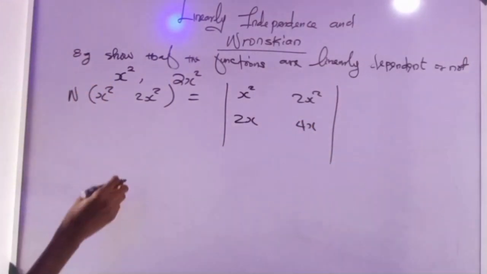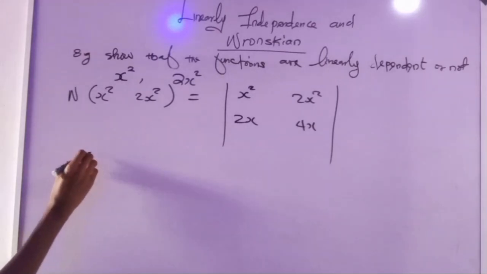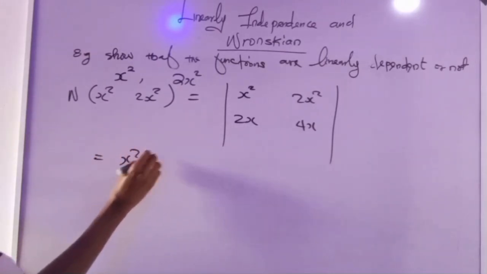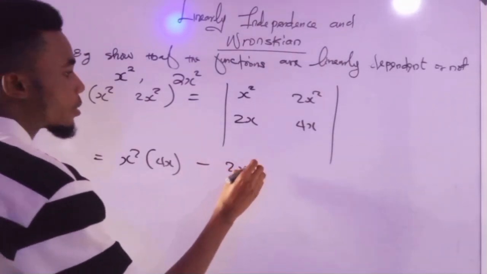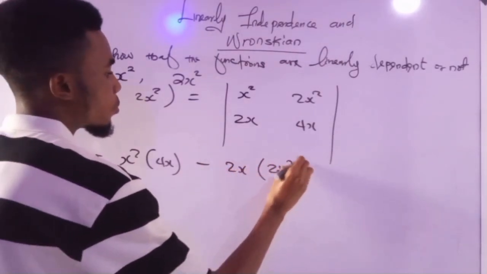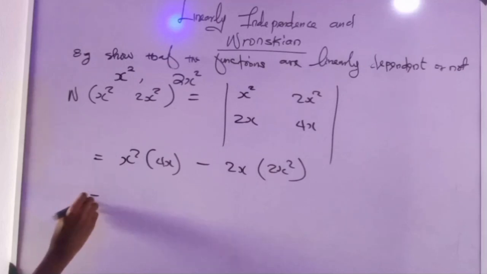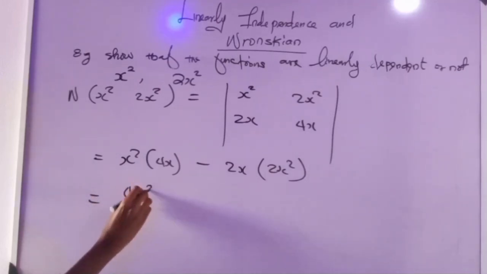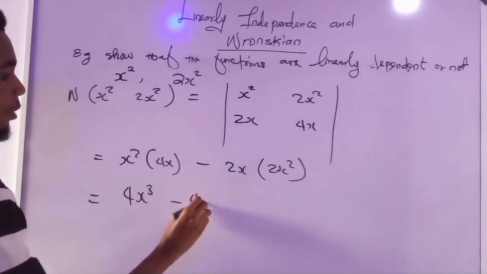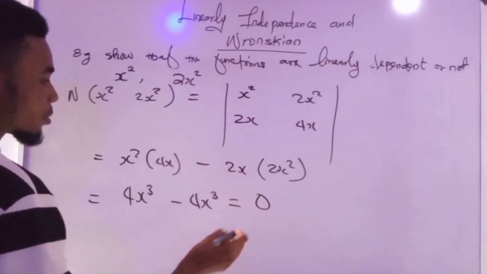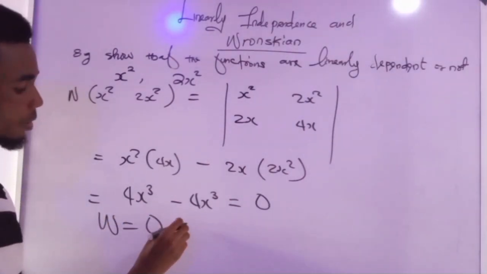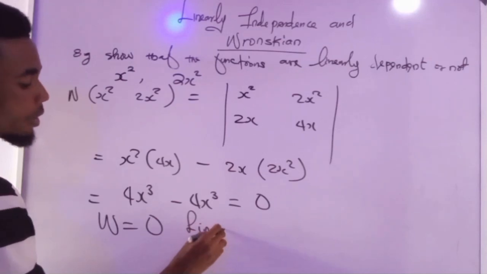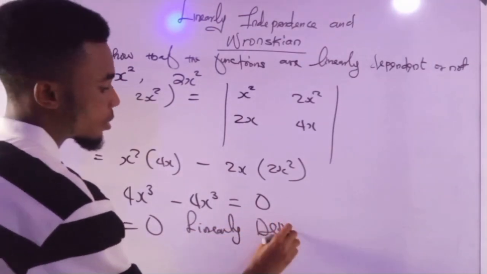So if I apply that, this looks like x squared multiplying 4x minus 2x multiplying 2x squared. So this is going to be 4x to the power of 3 minus 4x to the power of 3, which is equal to 0. Now, since the Wronskian is 0, we say that the functions are linearly dependent.